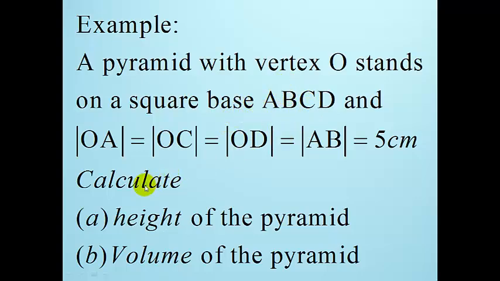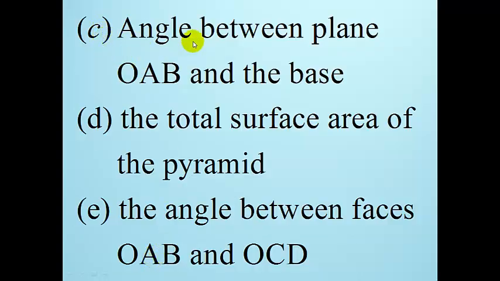Now we are calculating for A, the height of the pyramid, and B, the volume of the pyramid. C, the angle between plane OAB and the base. D, the total surface area of the pyramid. E, the angle between faces OAB and OCD.